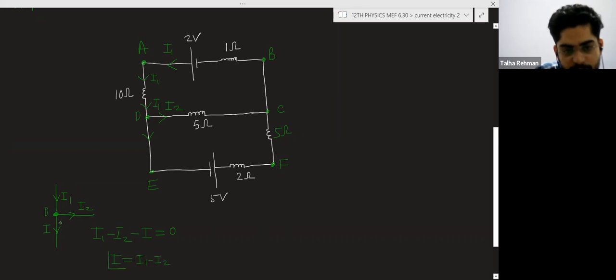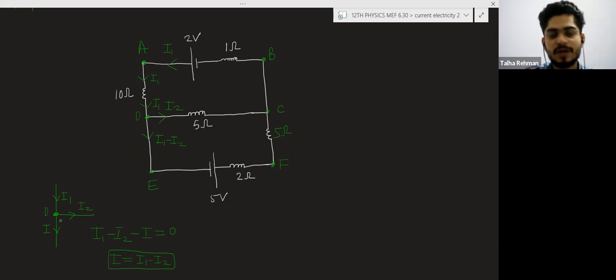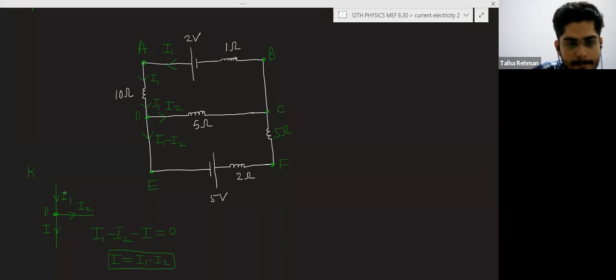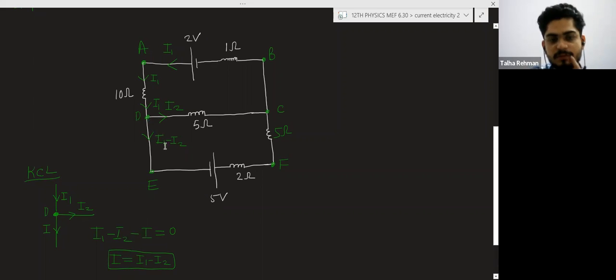I1 minus I2. So in this direction, the current will be I1 minus I2. If you are confused, then you can use KCL, Kirchhoff's current law, and apply it at the junction point. This is the junction point.